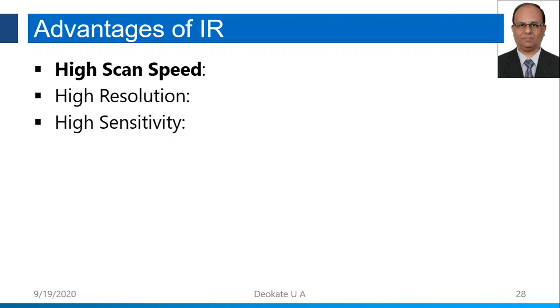Then the next advantage of infrared spectroscopy is the high sensitivity. With Fourier transform, that is FTIR, the infrared spectrophotometer doesn't need to use the slit and monochromators. They are using the interferometer for selection of the wavelength rather than the prism and monochromators, as we have learned in the first lecture.